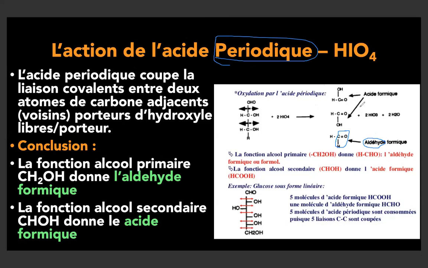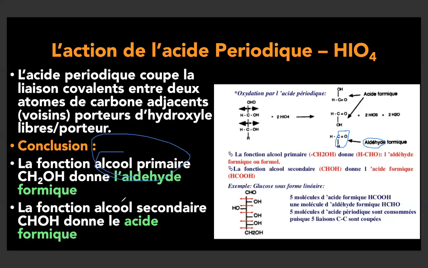Anyway, let's finish. So we are saying this function here is the aldehyde function and forms the acid formic, and our acid formic in this case will be formed from the primary alcohol.